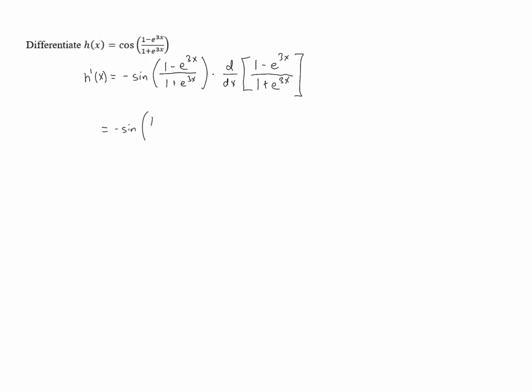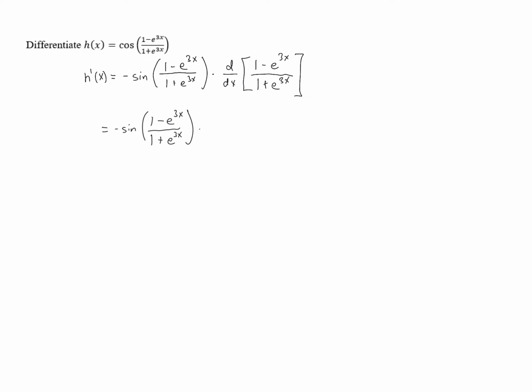So we're going to keep this negative sine of all of that out front. I'm just copying that down now. And then we have to use the quotient rule for the latter half.